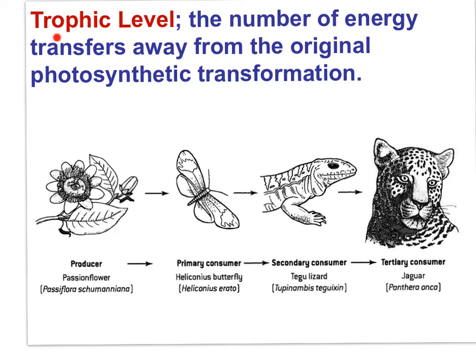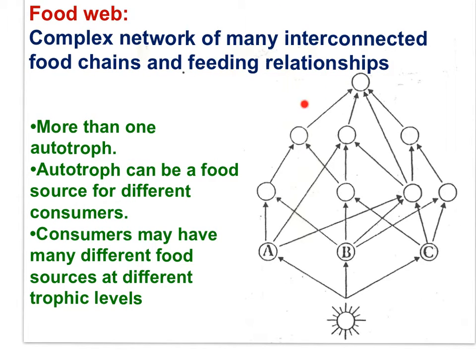Once again, here's the definition of trophic level, and here's another example of a food chain providing the names of the different trophic levels: producer, primary consumer, secondary consumer, and tertiary consumer. A food web, seen here, is a complex network of many interconnected food chains and feeding relationships.